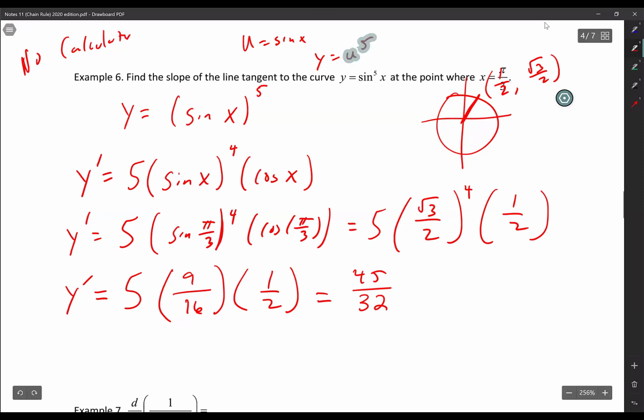So the outside is some variable to the power 5, and u is the inside. Whatever's on the inside has to have the variable x. If not, we can't do chain rule, right?